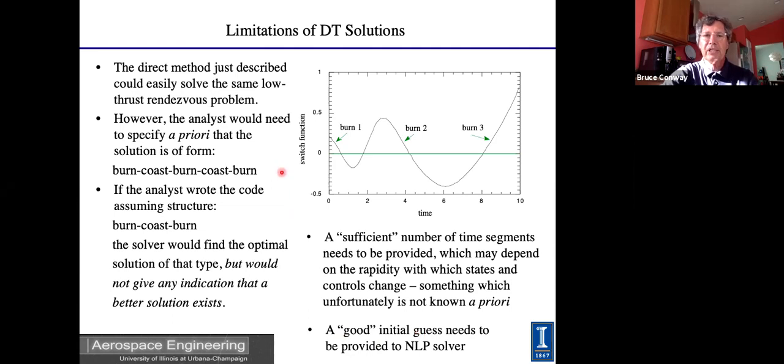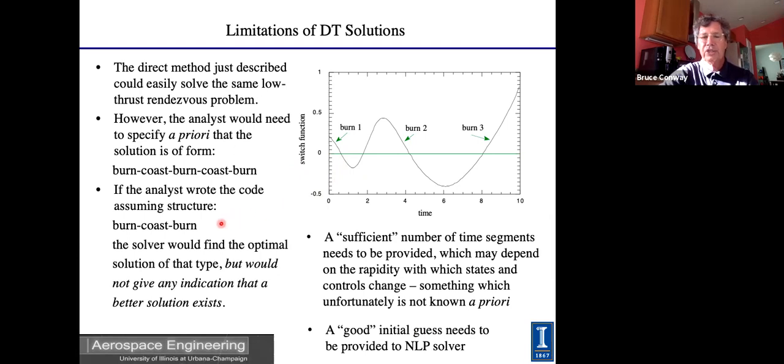You have to specify a priori what the form of the solution is going to be. So in this case, if you tell it that the solution is what it actually turned out to be, burn, coast, burn, coast, burn, you'd get this solution. But what if you don't know that?